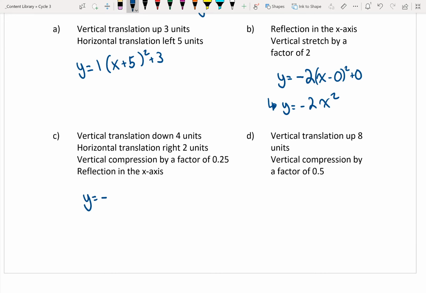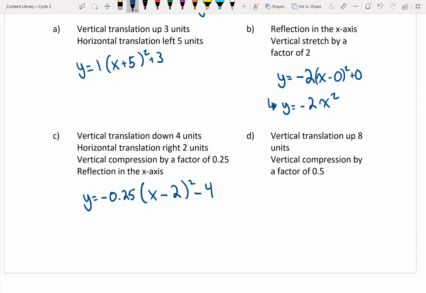Because there's a vertical compression, that tells us the a value is something other than 1. So it's going to be 0.25 because it's a compression by a factor of 0.25. In our brackets, we do have a horizontal translation right, so that means I need to see a minus 2 squared, or the opposite. And then vertical translation down 4 units, so that means the k value is minus 4.